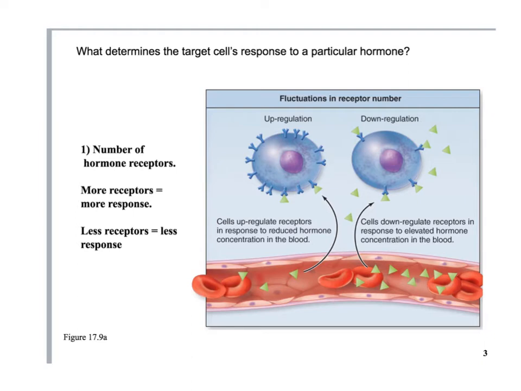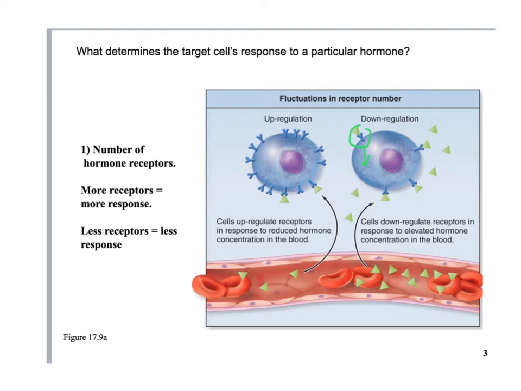If you expose a cell to hormone over and over and over again, some cells, depending on the type of hormone and the receptor we're talking about, actually internalize the receptor. Okay? So this receptor here gets taken into the cell.